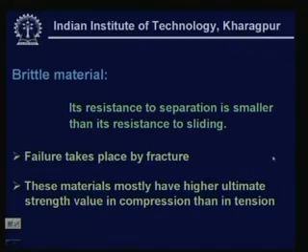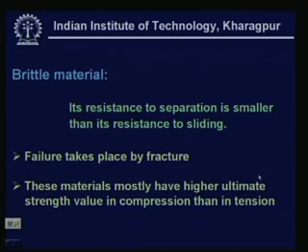Now, if we consider the next one, the brittle material, then what is the brittle material? The brittle material is one whose resistance to separation is smaller than its resistance to sliding. It is just opposite to what we consider for the ductile material, and here the failure takes place by fracture.